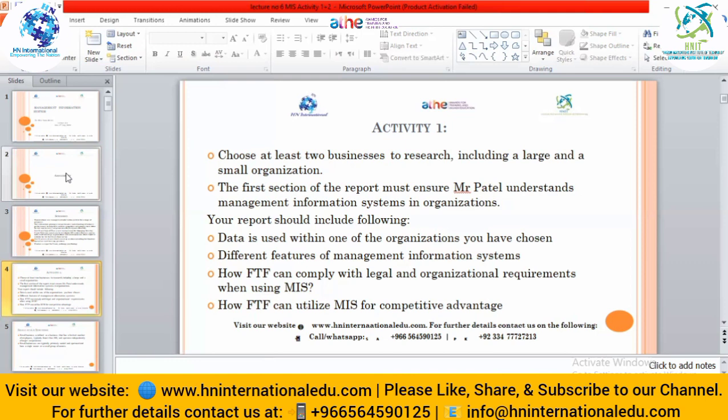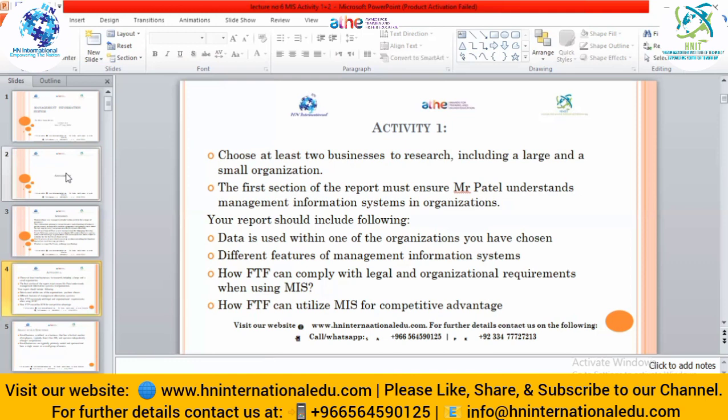The first thing is which type of data the organization is using. Either they are using text data, or only a price list, or price description methodologies, which type of data they are using in their organization. Then we have to tell which management information system they are using, what the qualities of that information system are, and what the features and benefits of that management information system are.